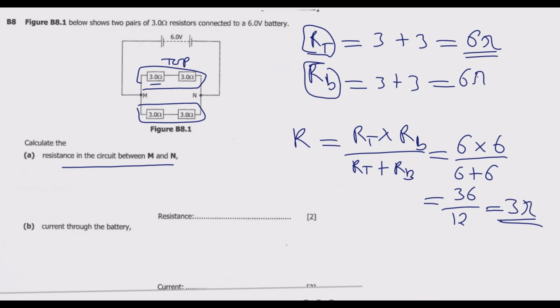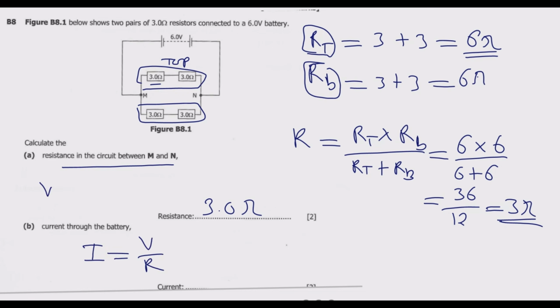So 3 ohms is the resistance in the circuit between M and N. Then we look at B, the current through the battery. To find the current, it is given by voltage over resistance.